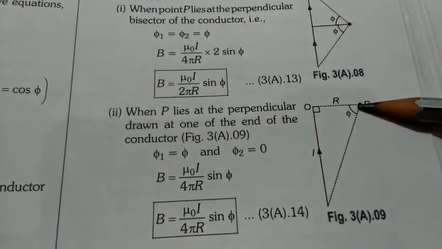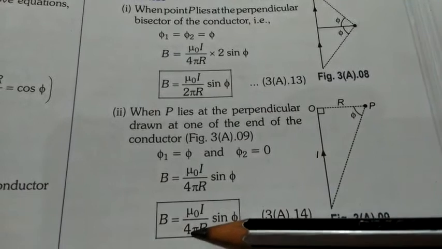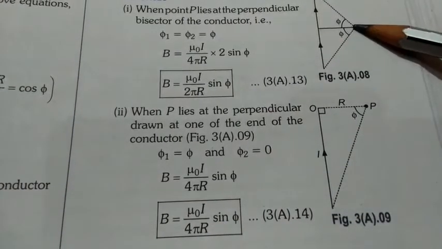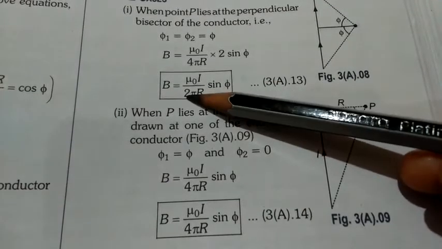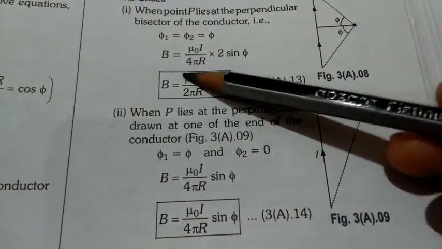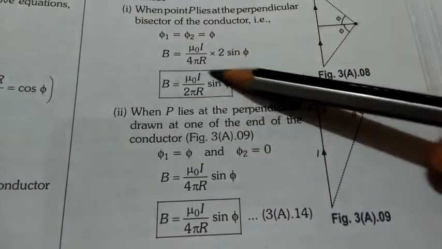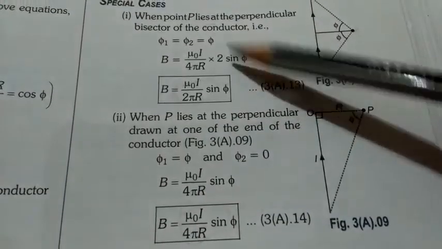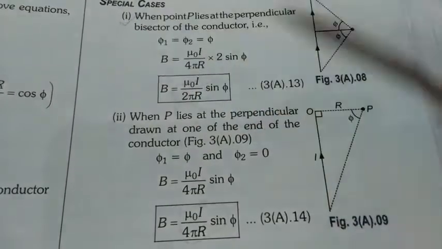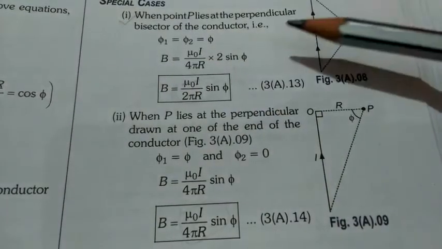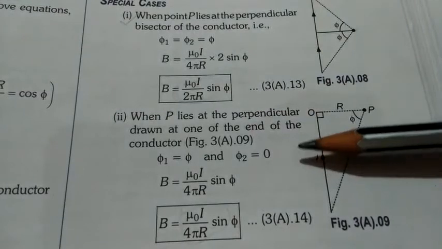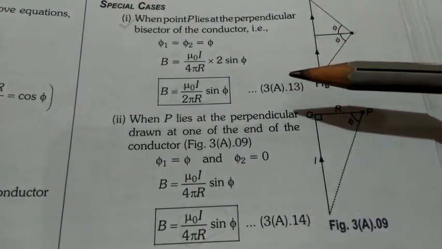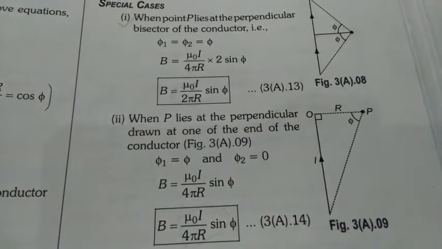At the extreme end, we have 4 as denominator, and at the middle, we have 2 as denominator. So this value becomes more and this value is less. So in the first case, we will have more magnetic field. It can be asked in your examination in which situation we have more magnetic field, so you should keep that in your mind.